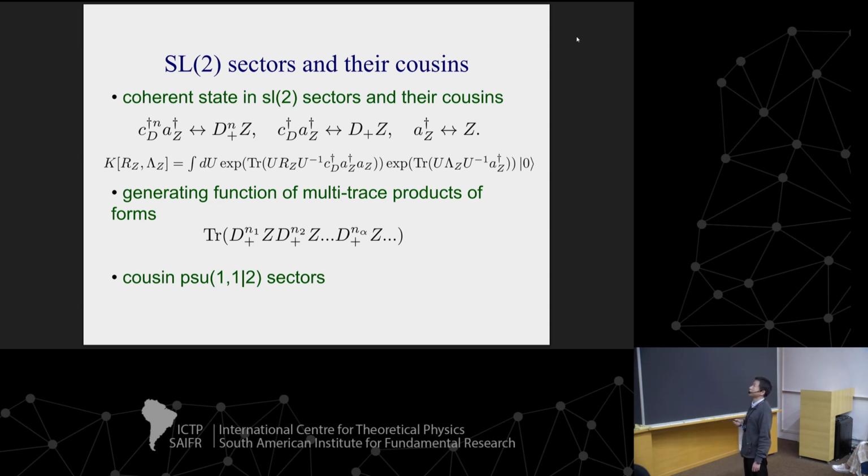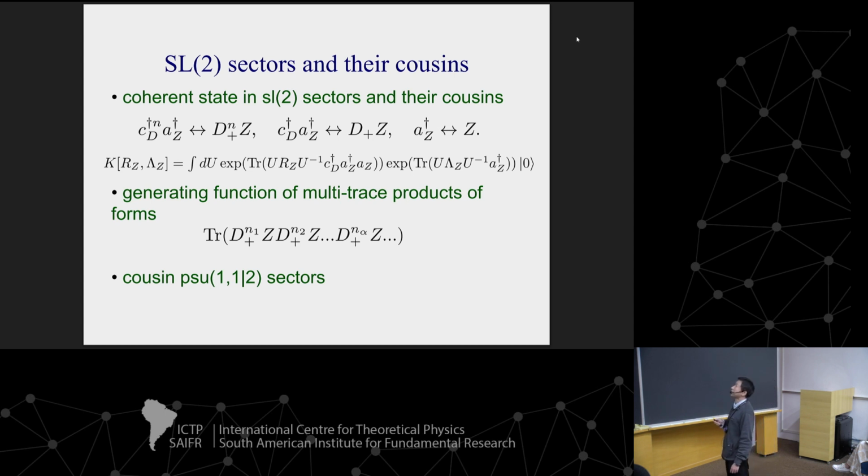We can also construct similar coherent states in the SL(2) sectors. This includes, for example, a Z field and a derivative D_+. Plus is the light cone direction. In this operator, on the rightmost, there's coherent state excitation of the Z field.